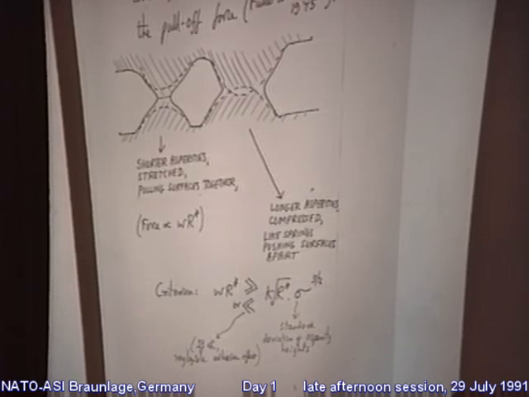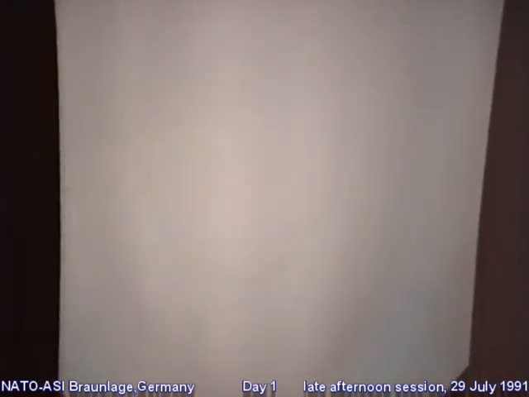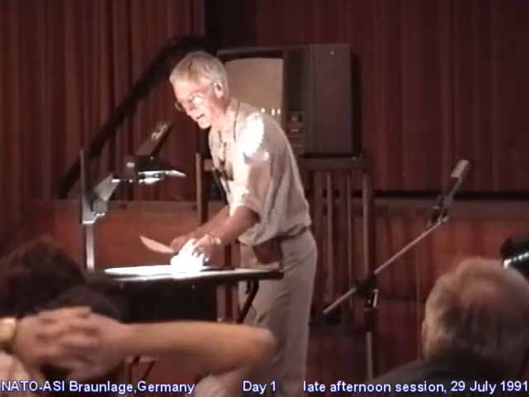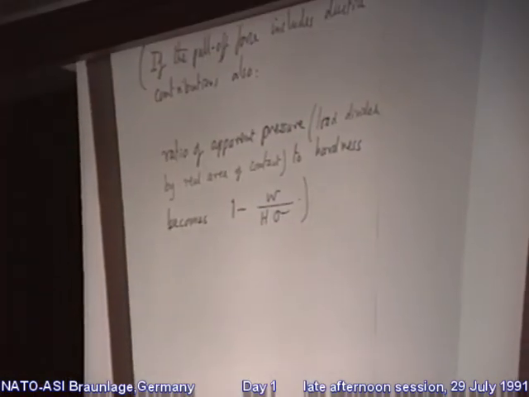The criterion I've written there is a question of whether or not WR is much greater or much less than the function that I've got on the right, which involves, as well as K, it involves R and the standard deviation of asperity heights. It's not the asperity height, it's the distribution of heights that's important. If pull-off force includes ductile contributions also, you can still analyze that.